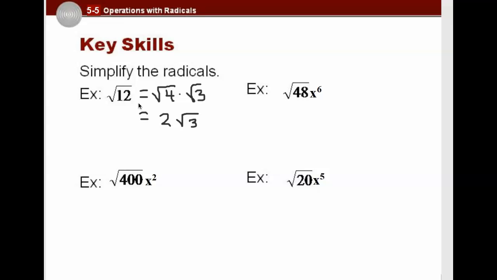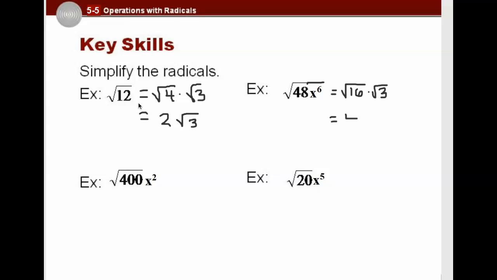The square root of 48 and x to the 6th. So we kind of simplify them separately. 48 is the same as 16 and 3. And then x to the 6th, well, 6 divided by 2 is 3. That's even though and becomes odd.